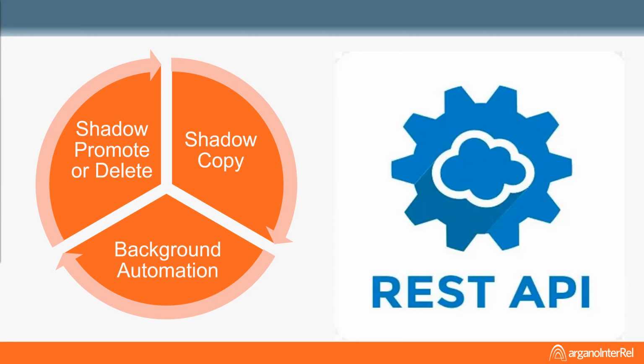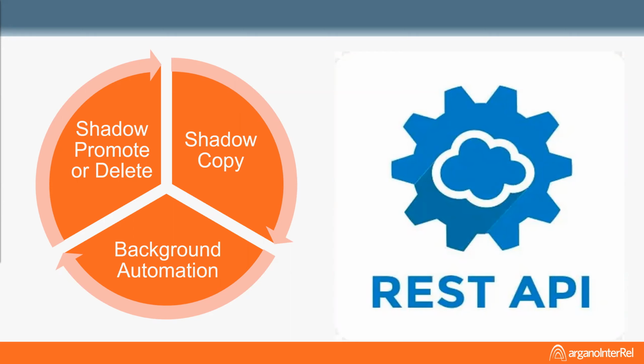When you create the shadow, that public cube is stopped and restarted for a second, and it puts that cube into a read-only mode. That makes sense because you don't want people to be able to update that cube while you're working on the background copy.